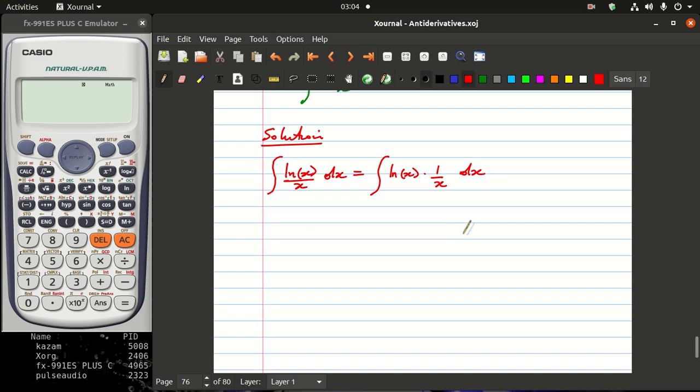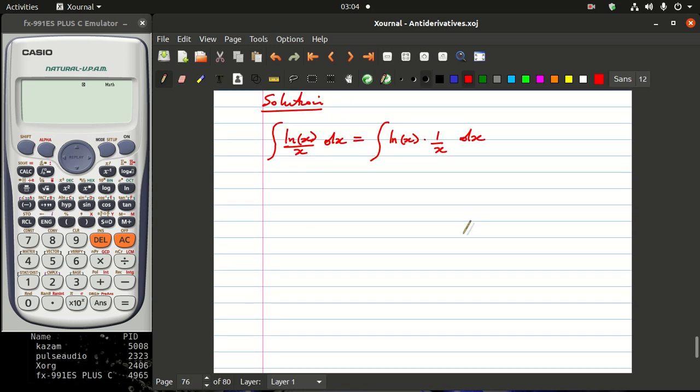Now, if you look at these two functions in the integration table, you know how to find the antiderivative of 1 over x, and you know that the antiderivative of 1 over x is actually ln of the absolute value of x. Right.